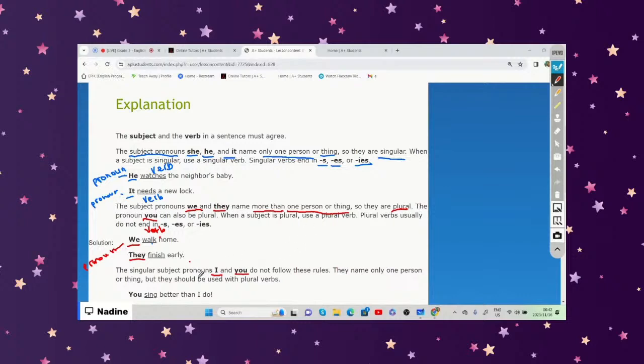For example, you sing better than I do. And we say the singular subject pronouns, I and you, do not follow any rules.